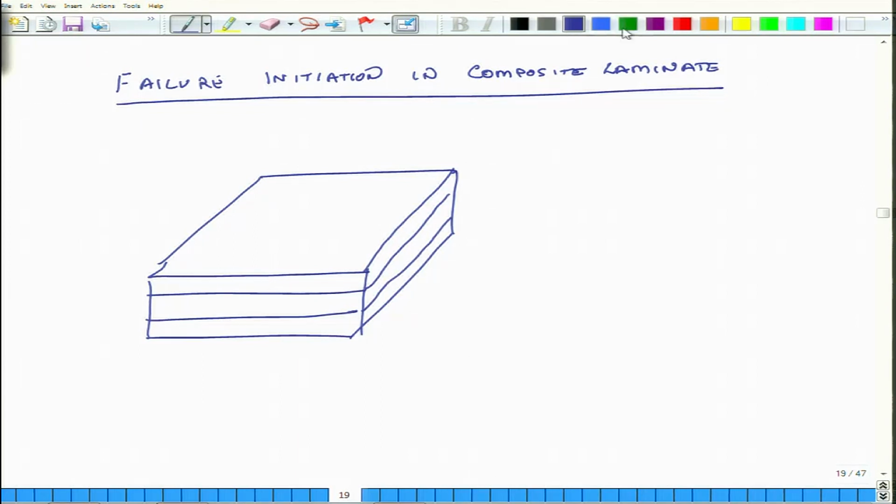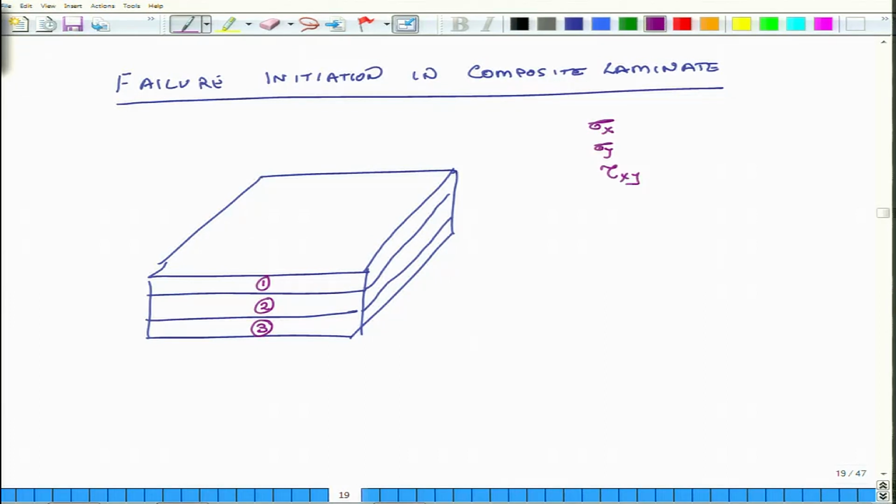So, this is layer number 1, layer number 2, layer number 3, and this composite is subjected to several external stresses and strains. So, it may be sigma x, sigma y, tau xy and so on and so forth.